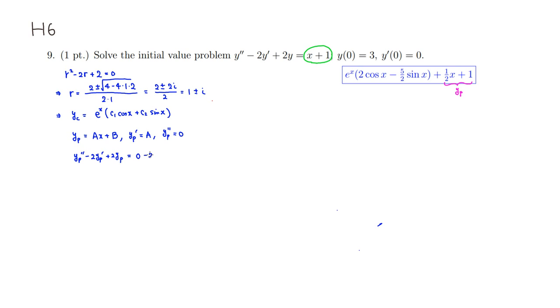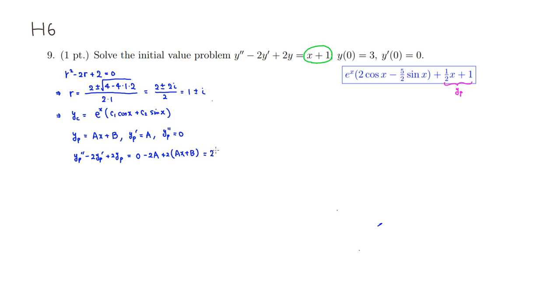And a negative 2 times y prime would be a. And then you have a 2 times ax plus b.